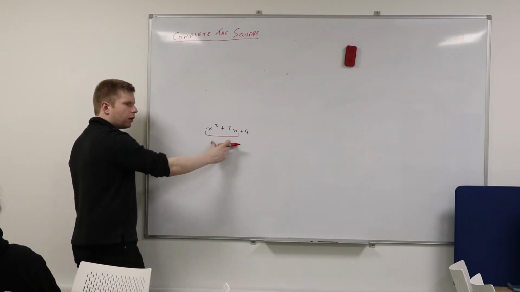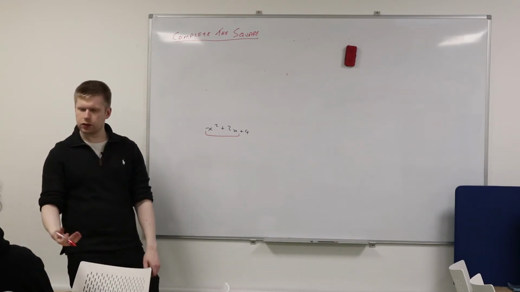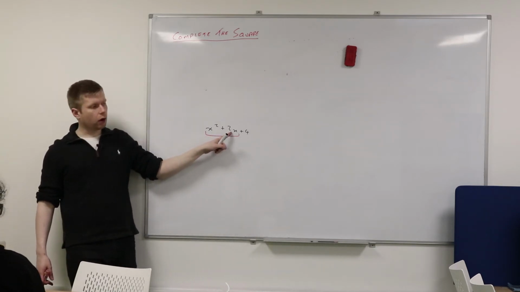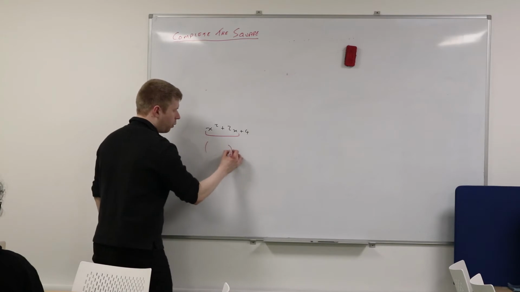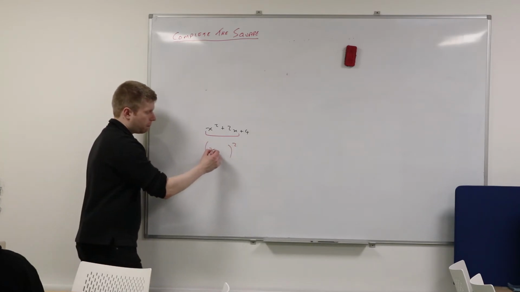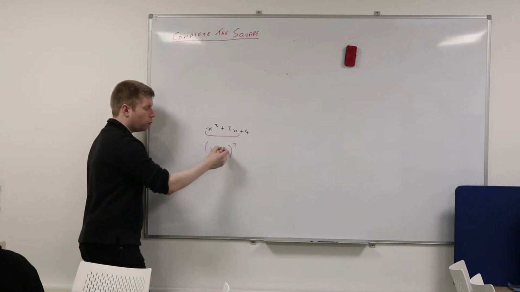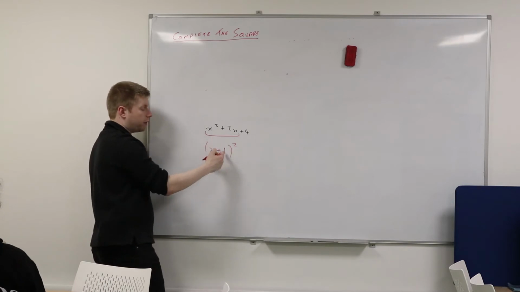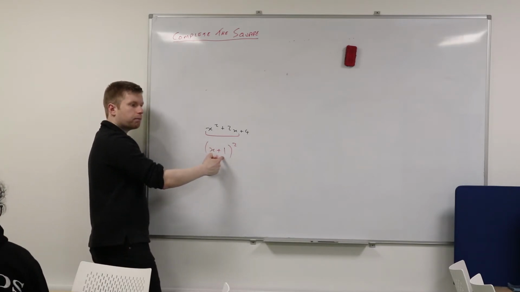So I'm looking at that, and I'm going, okay, if I was going to factorise this to a perfect square, I'd be looking at that 2x term. Would you be happy with that? Now, if I was going to factorise this to a perfect square, what would it become? X plus 1. You make sure you halve this. If you square this, what do you get?